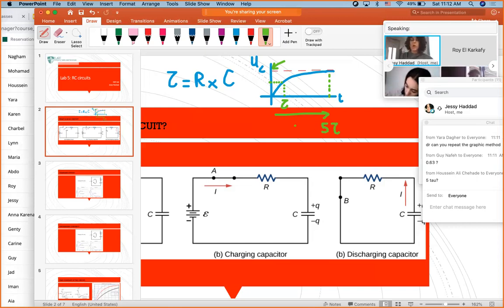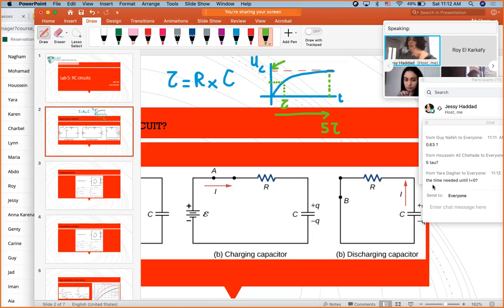Thank you so much. This is one method to find tau graphically, and graphically is considered experimentally. Can you think of another method, Roy? Probably anyone? How do you find tau experimentally? Time needed until I is 0.